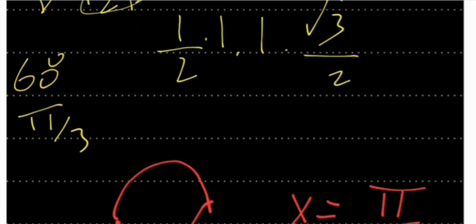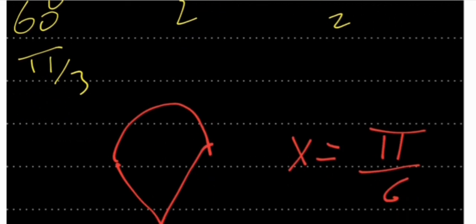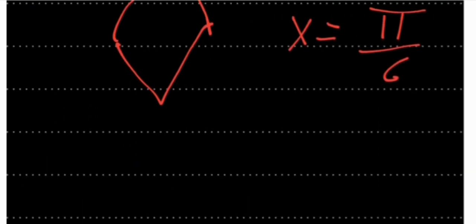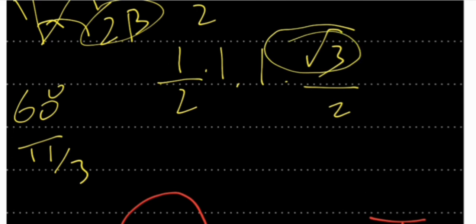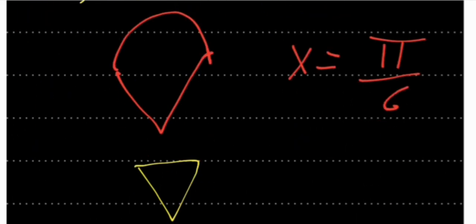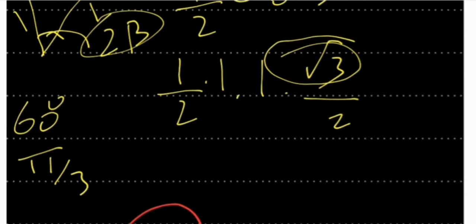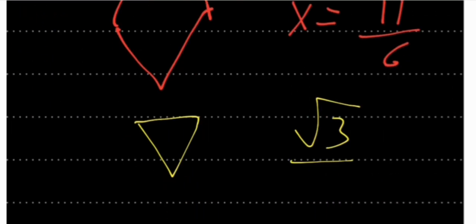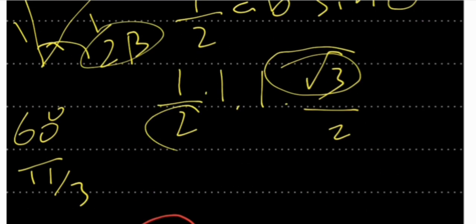And now what we did find is the area of just the triangular part, which is this, multiplying, so it would be square root of 3 divided by 4. Over here, 2 multiplied by 2 is 4.